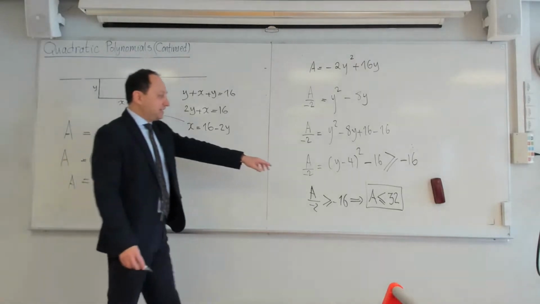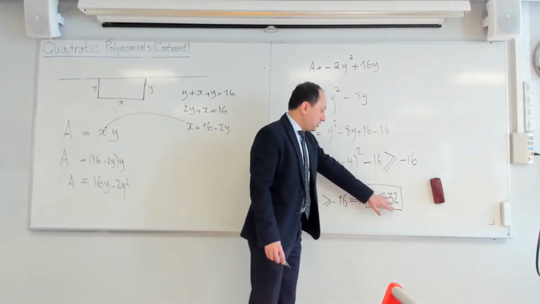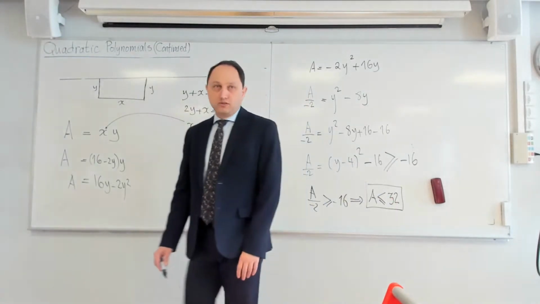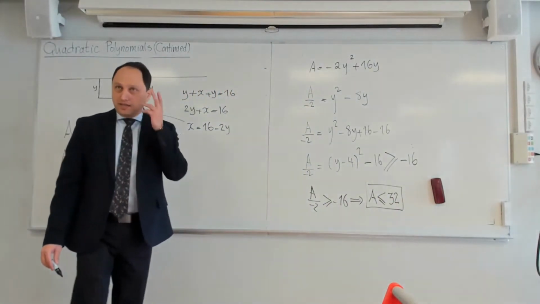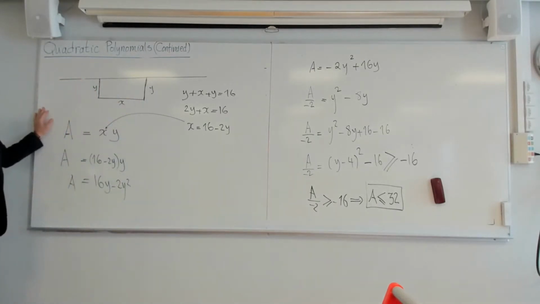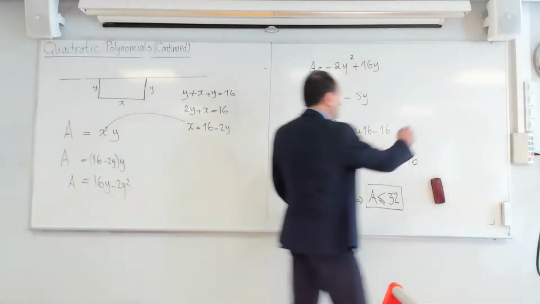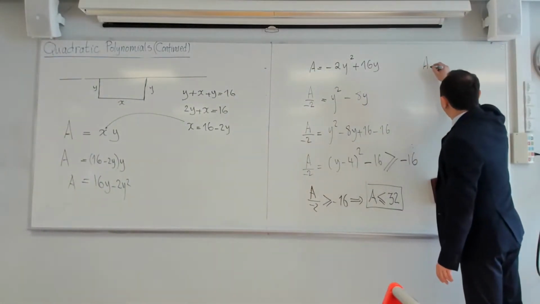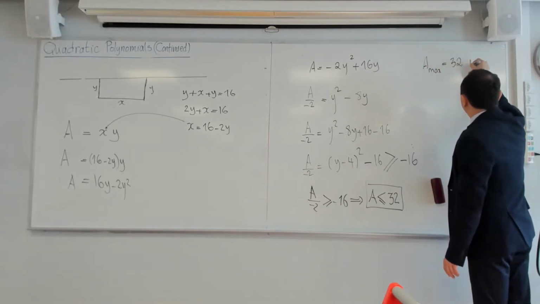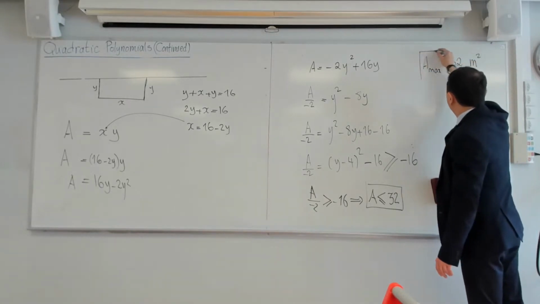This tells you not to try so hard, you cannot make it bigger than 32 square meters. So at most, with 16 meters of fence, the area cannot be bigger than 32 square meters. Okay, so this is not part of the problem, but if you want, you can say the maximum area is 32 square meters.